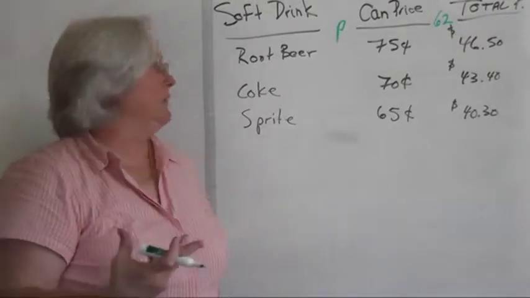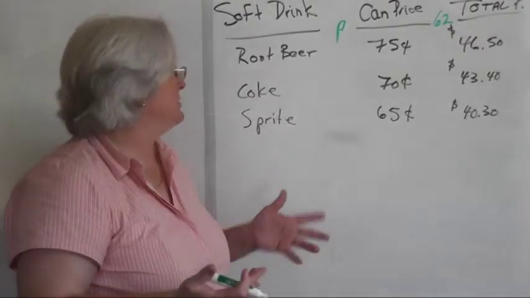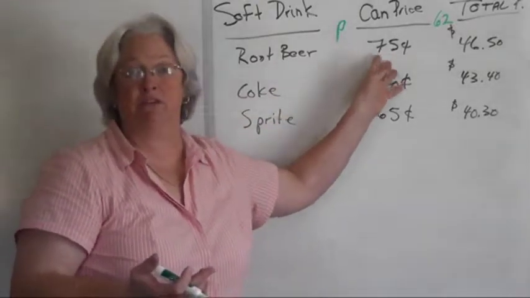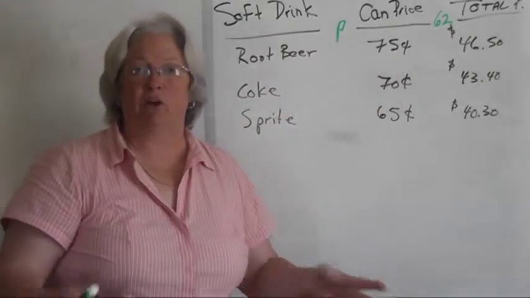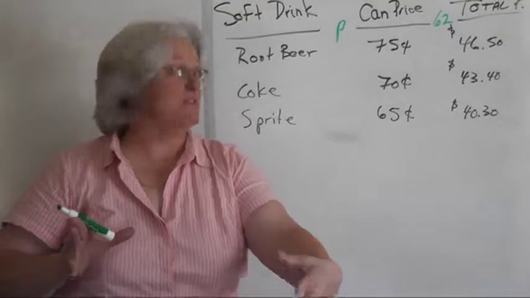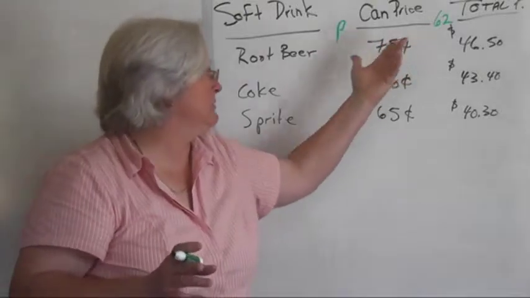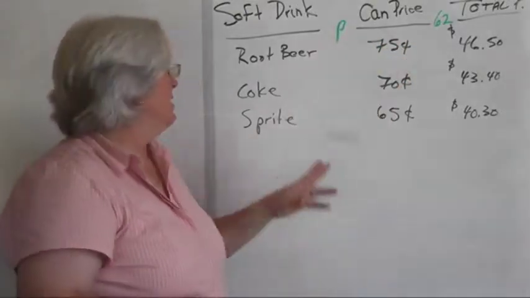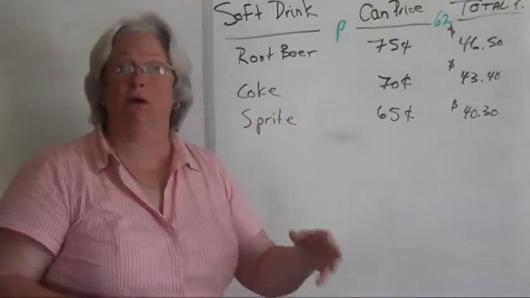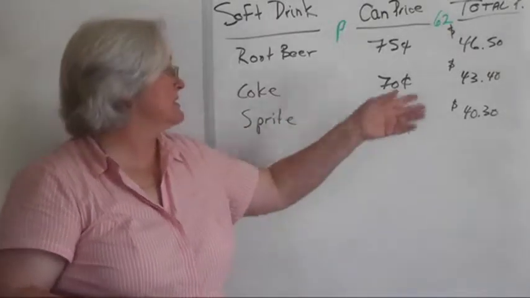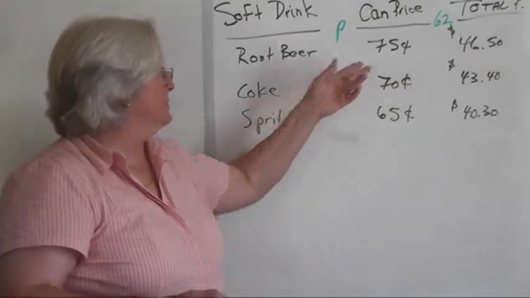So if you were just not even thinking about algebra, you'd say, okay, if one can costs 75 cents, well then the way that I figure out how much it costs for everybody to have is I just take 62 times 75. If I want to know how much it costs everyone to have Coke, it's 70 cents times 62.